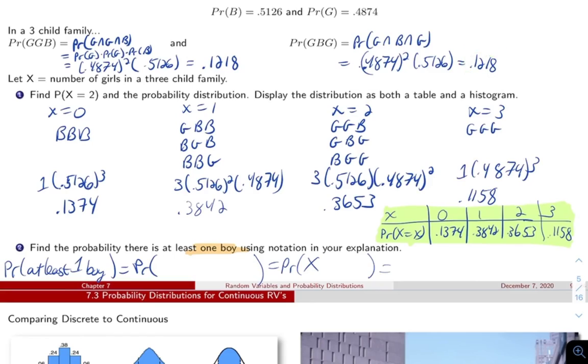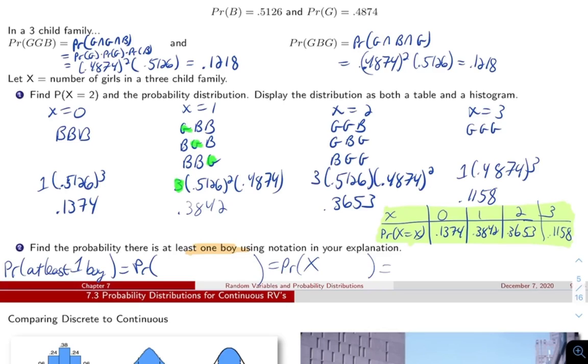Now if we need the distribution for this situation, with 3 children in our family, the possible outcomes are 0 girls, 1 girl, 2 girls, or 3 girls. I'm going to list all the different orderings. If I'm going to have 0 girls, the only way of getting that is boy, boy, boy. If there's going to be 1 girl, that girl can be the oldest, or the middle child, or the youngest.